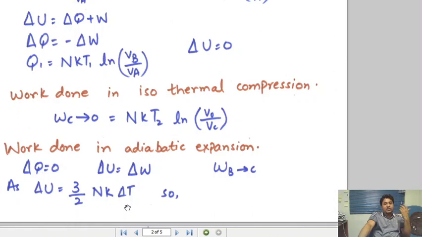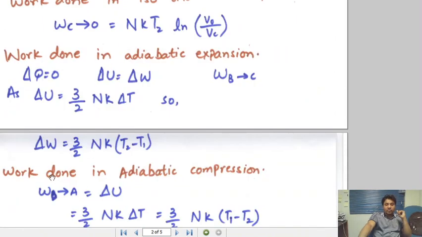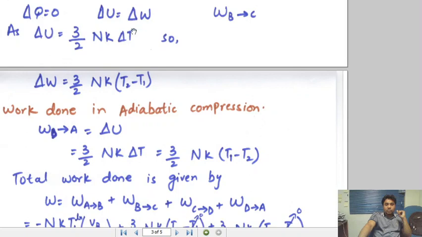Since it is an adiabatic expansion, the final temperature will be less than the initial temperature. So putting the value of delta T, you will have delta U or delta W equal to 3/2 nk_B (T2 minus T1).